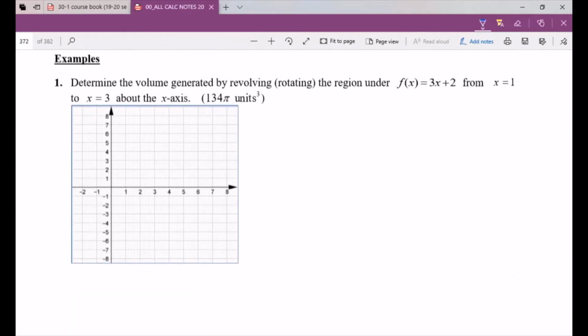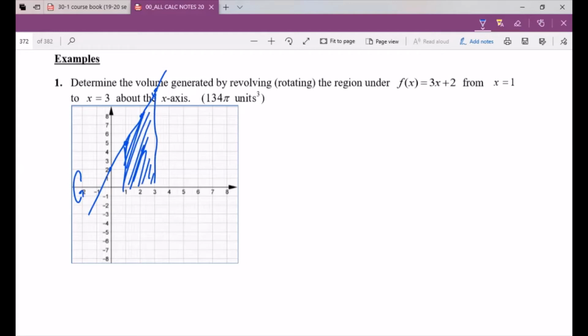So in example number 1, determine the volume by revolving or rotating the region under 3x plus 2. So y equals 3x plus 2 is the straight line. We are going to rotate it around the x-axis from 1 to 3. We want to find the volume of this thing.